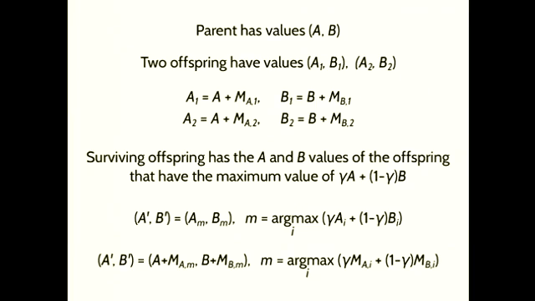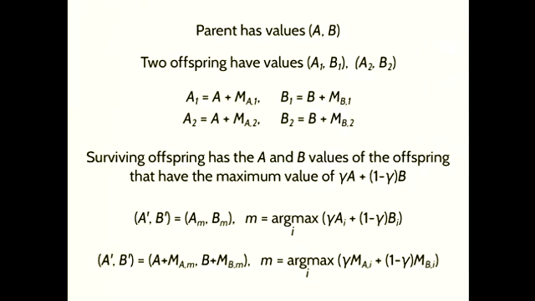Okay, so what happens to the A and B values from one time step to the next? That's what this slide is about. First, our parent has these values A and B. It has 2 offspring, each with its own values of A and B. Where do they come from?